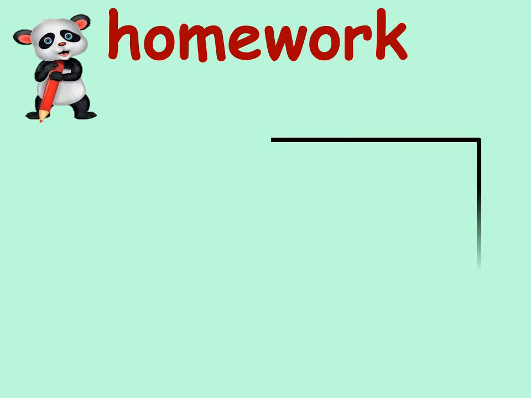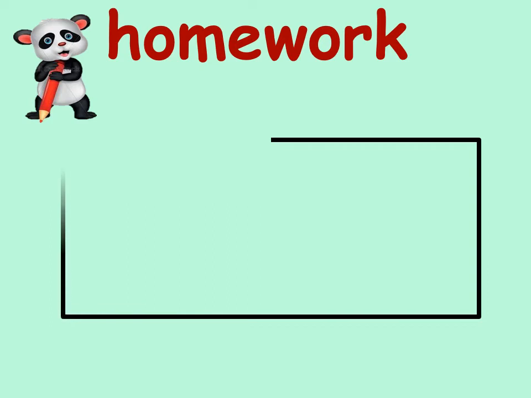And here's what your homework is. I want you to draw this on a piece of paper. What shape is that? Is that a square? No. It's a rectangle. That's what I want you to draw on your paper. And then, watch this. Down the middle, I want you to draw a line.